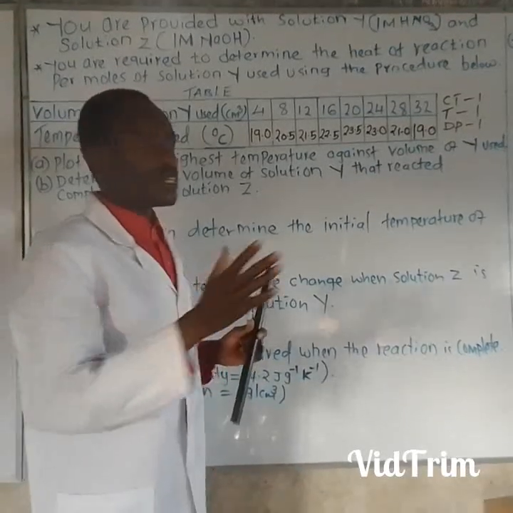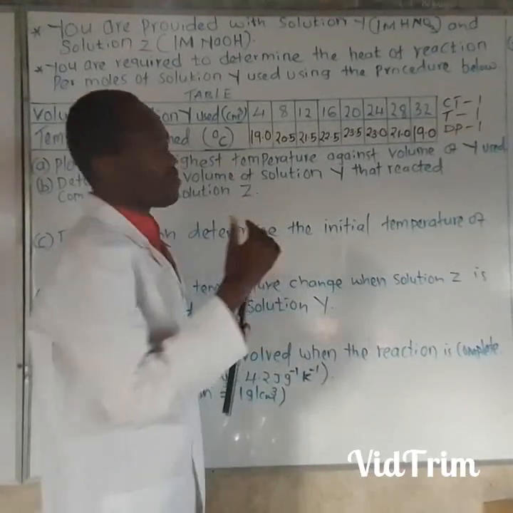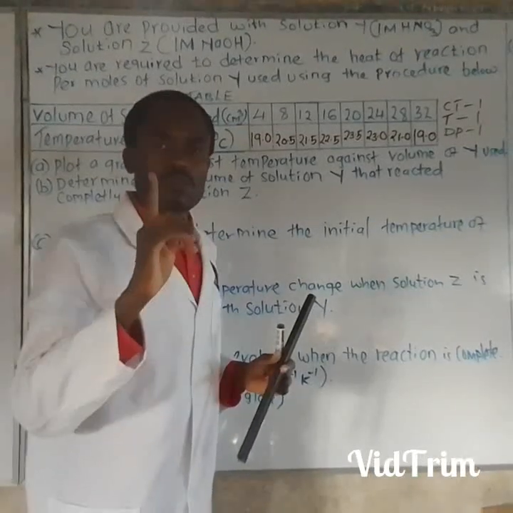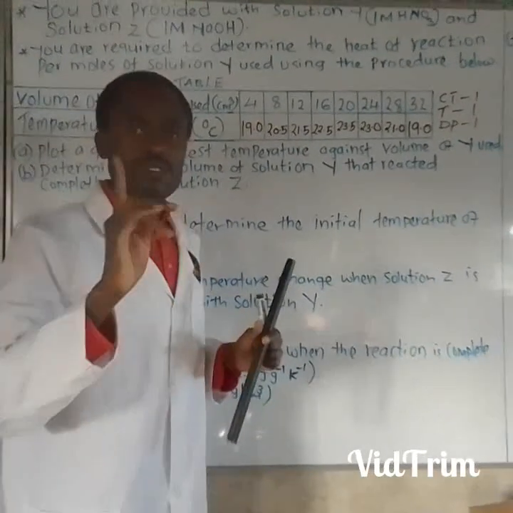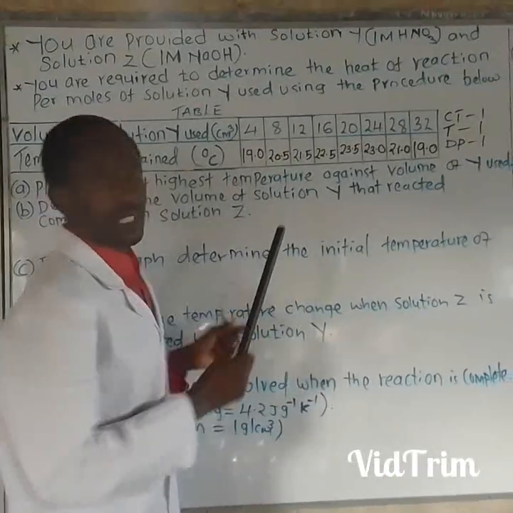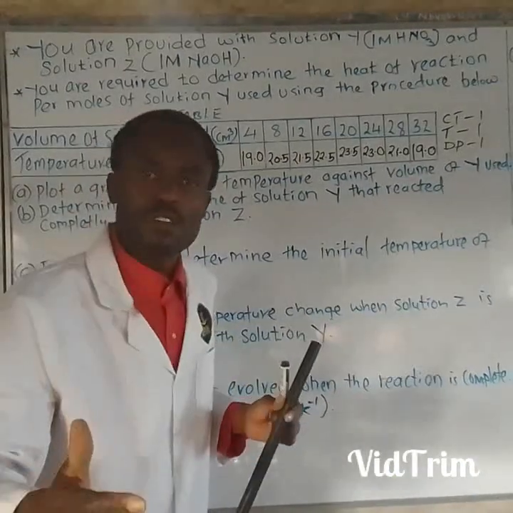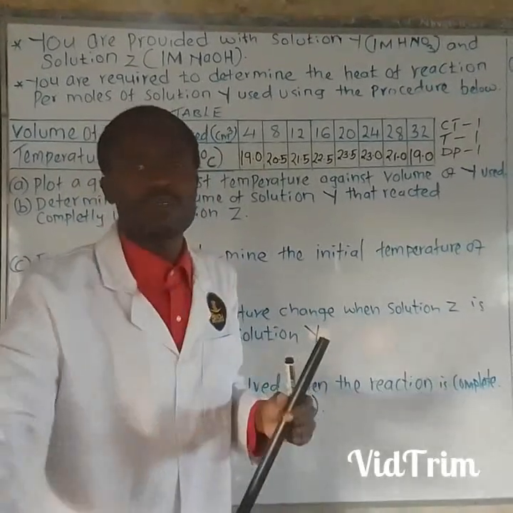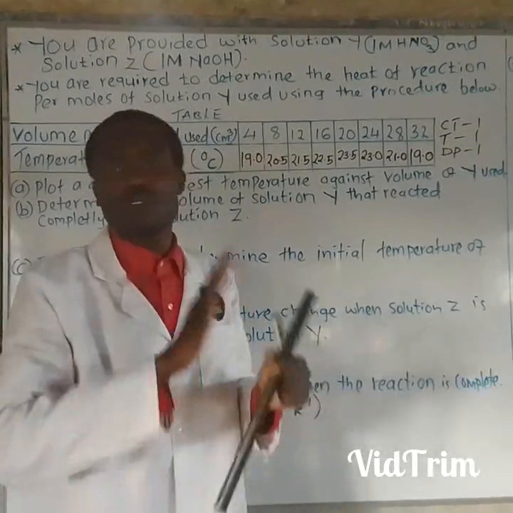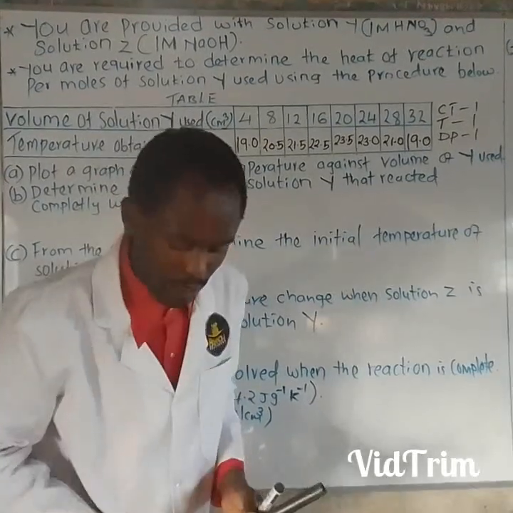So in this case, I've been using one decimal place. So let the decimal place be uniform. And also remember, for the temperature reading, it's either 0.0 or 0.5. That one you already know, my student, and I don't want to talk about it. Is it okay? Thank you.